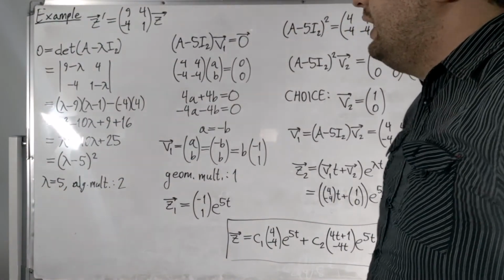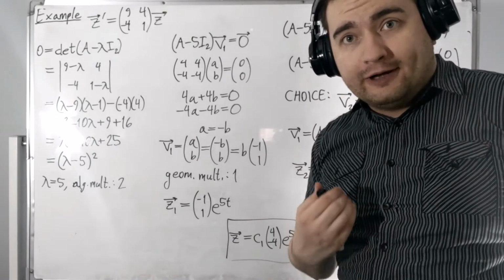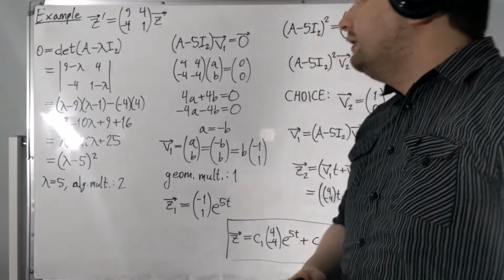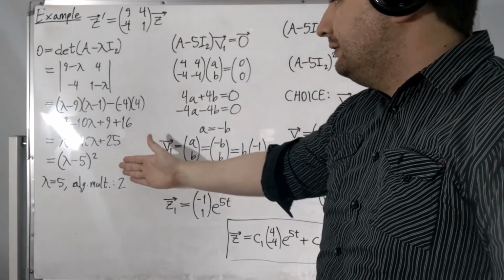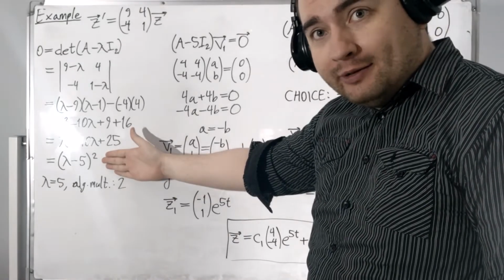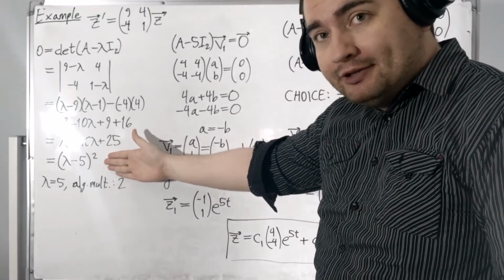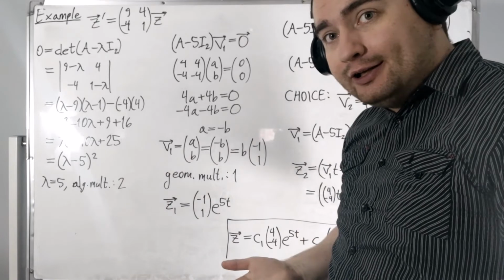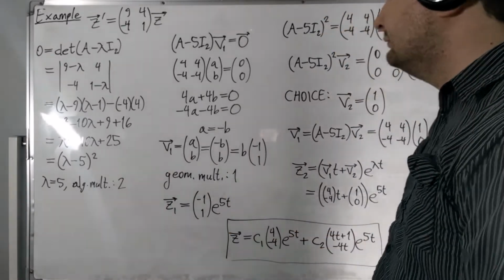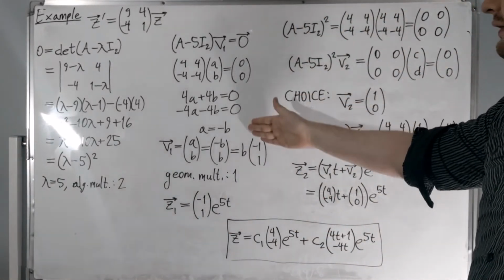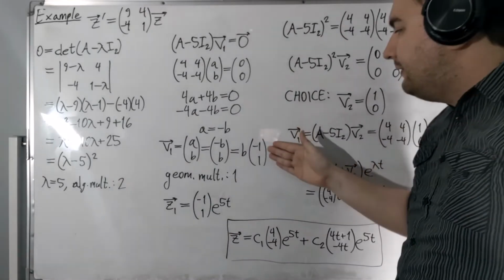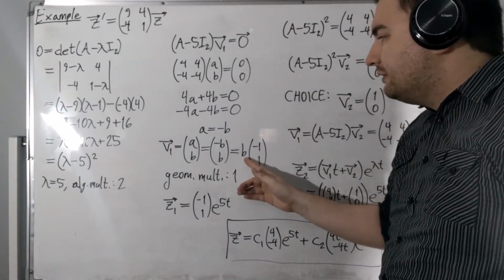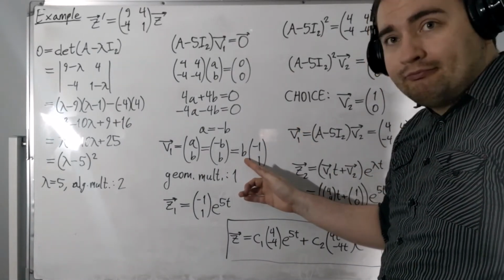So this is always how it works when you have a defective eigenvalue. You have to find the eigenvalues. You find that one of them is repeated. That gives it an algebraic multiplicity larger than 1. Then you look for the eigenvectors, and you see how many free variables there are in the expression for the eigenvectors.